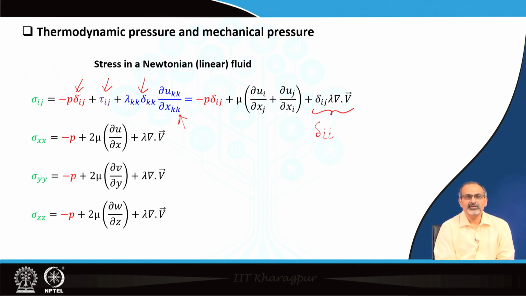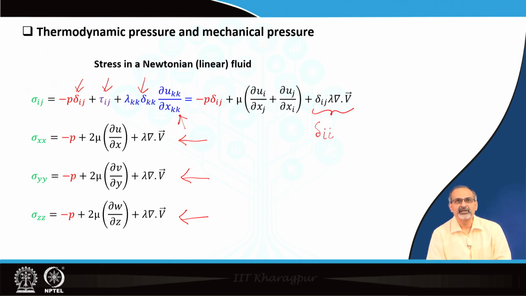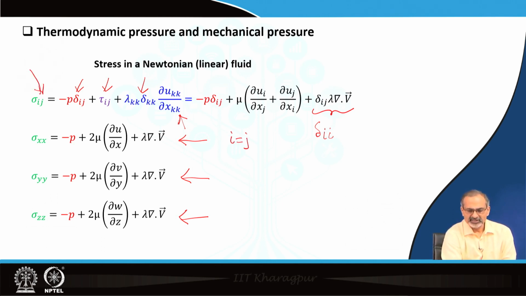Now, we would like to work out the expression for sigma ij for the three different cases indicated here: sigma xx, sigma yy, and sigma zz, which are the normal stresses. You may recall that in the stress tensor, these were the entries in the diagonal. If you look at the original equation for sigma ij, when i is equal to j is equal to 1, then you have sigma 11, which is equivalent to sigma xx, and then the delta ij is 1, therefore you get a minus p here.